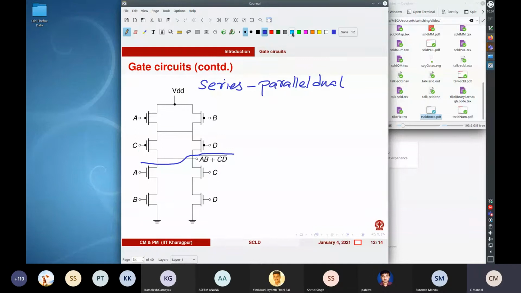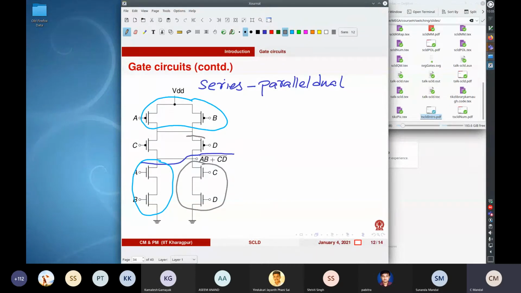You have A and B in series over here. In series, you have A and B in parallel over here. Rather, you have got these two transistors in parallel over here. You have got these two in series.